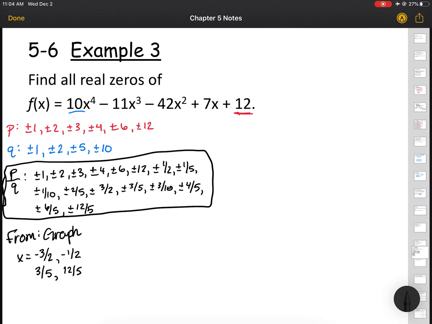So if I go ahead and try to test -3/2, which would have been +3/2, because again, I want the flip sign of it. And again, my coefficients, I'm going to write up top, and it's already going in descending order of exponents, and I'm not missing any, so I can just go ahead and fill them in. So 10, -11, -42, 7, and 12. Okay. So now, I'm just going to do my synthetic division of multiply.